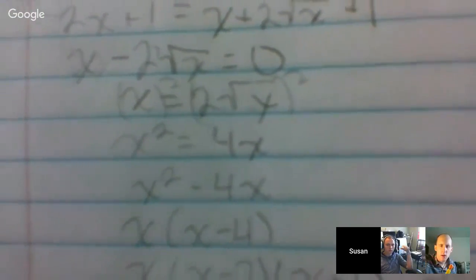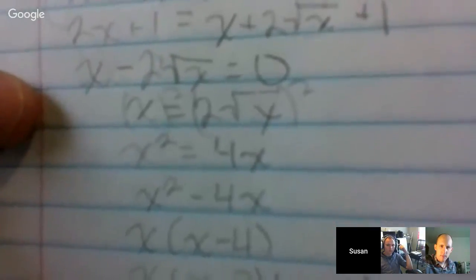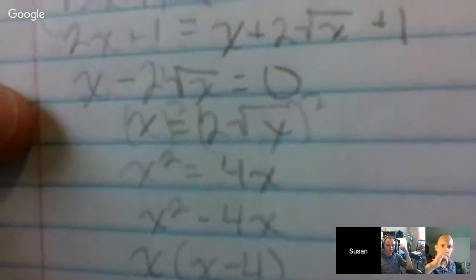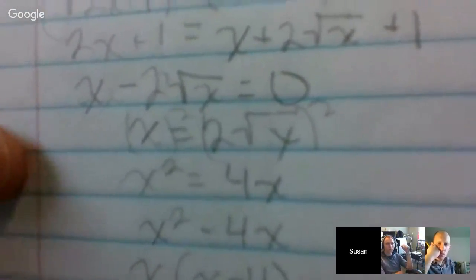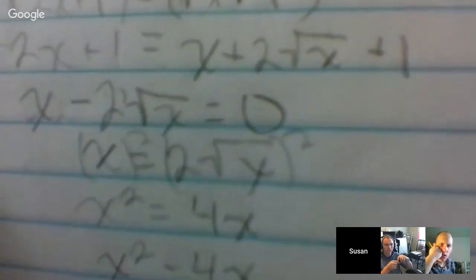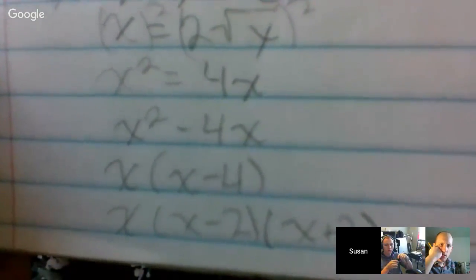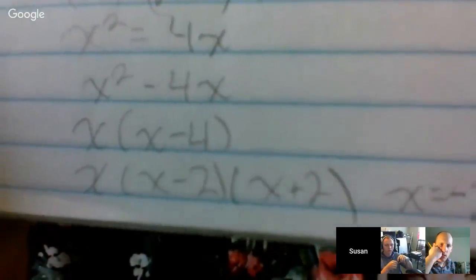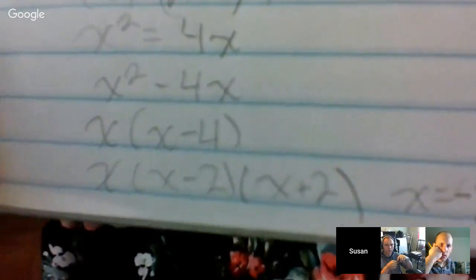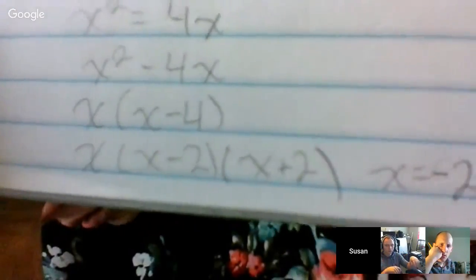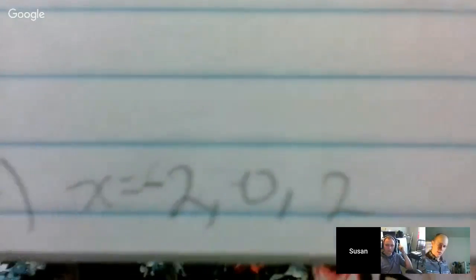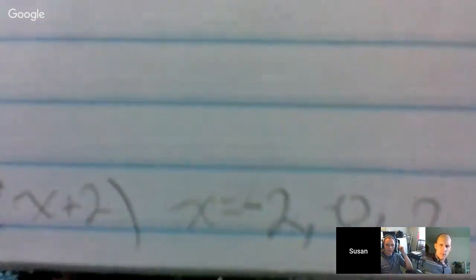I had x plus 1, right here-ish. Am I pointing at the right spot? Yeah, so you get 2 square root of x, and then I square both sides, so you're squaring the 2 and the square root of x, so then it's going to be 4x. Okay, yeah, I see that. And then I subtracted 4x, and then I factored out an x, and then I got that, which means x would equal these. So I don't know what I did wrong.